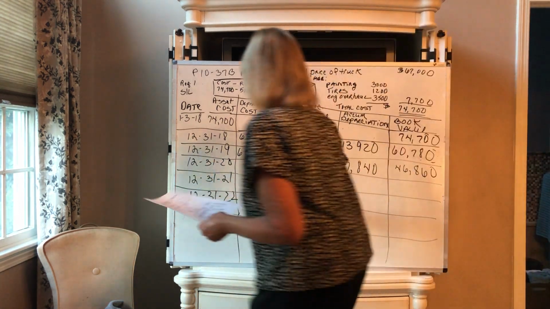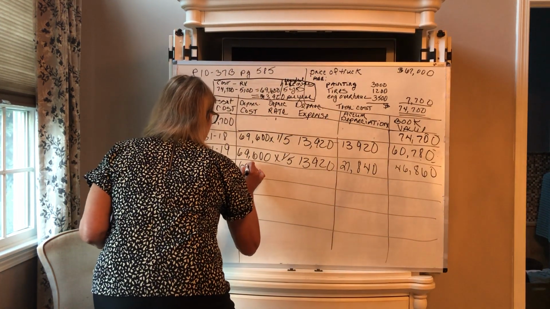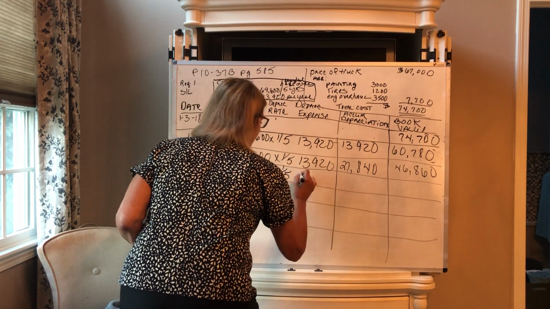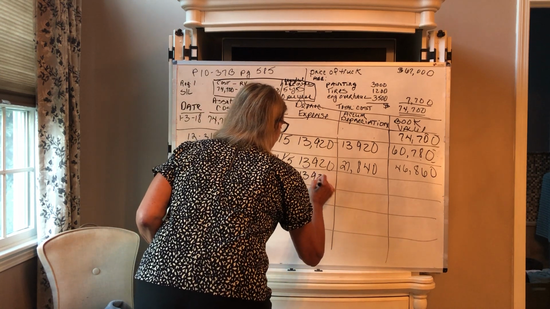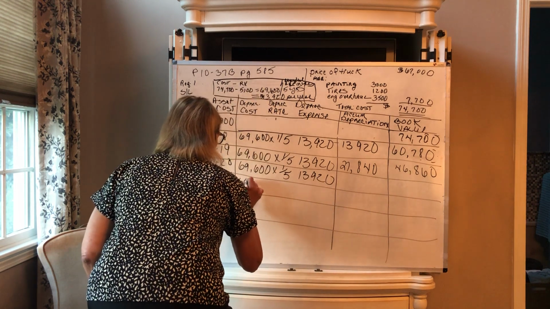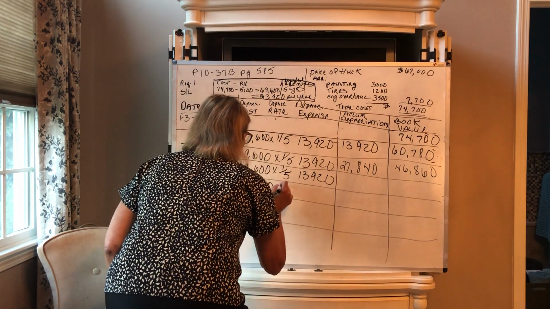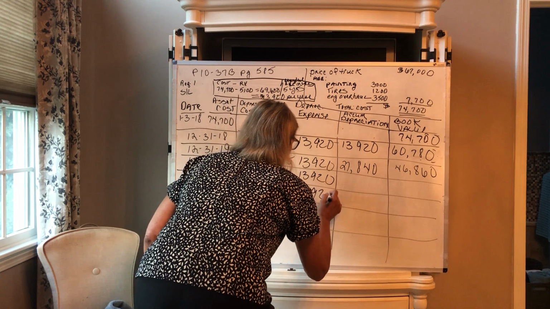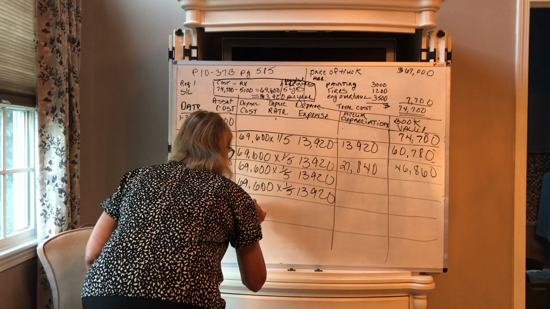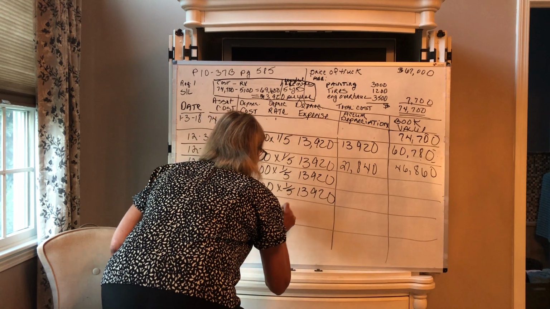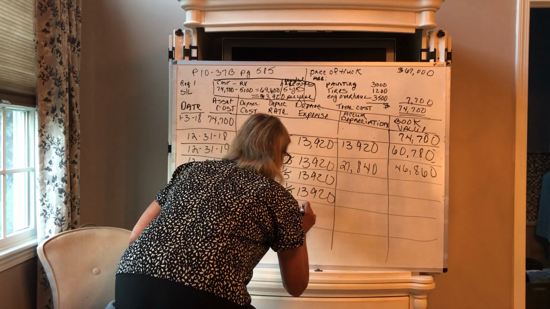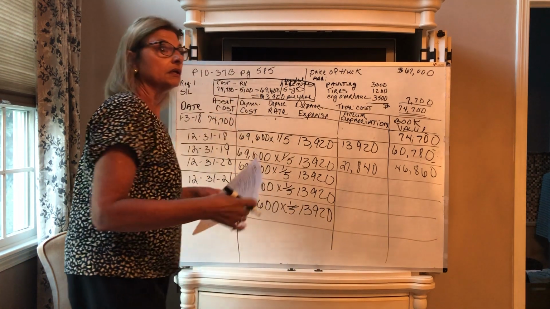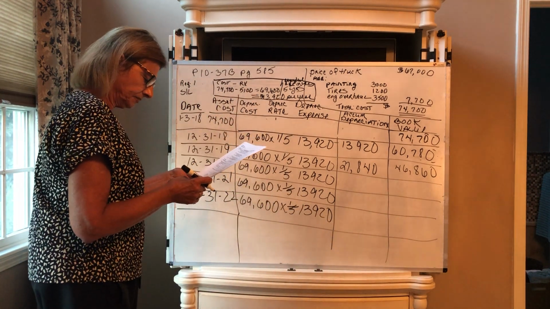So year 3, the same thing, 69,600 times 1/5 for the 5 years, 13,920. I can actually put that for each one because straight line. 13,920, and I'll do the last one. When you do these schedules, you always end up with the residual value because you can never go past it.